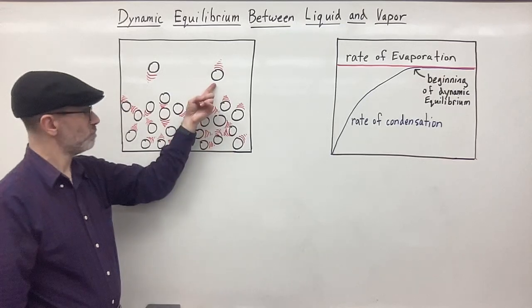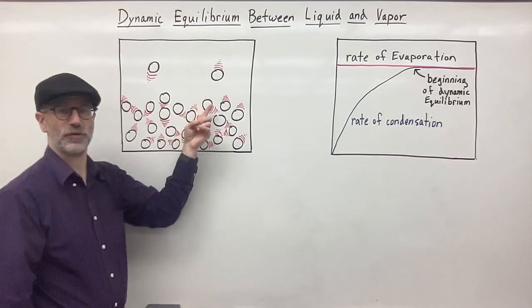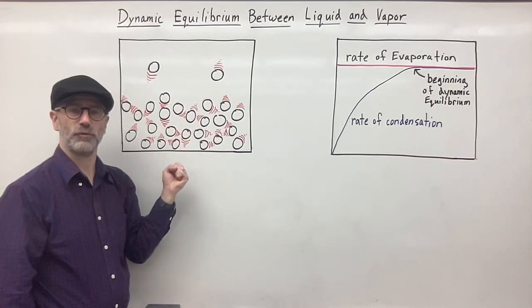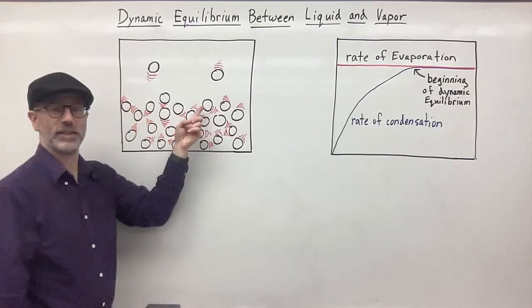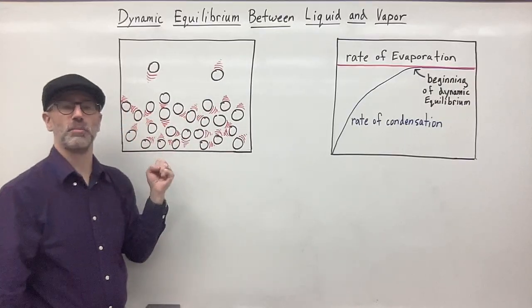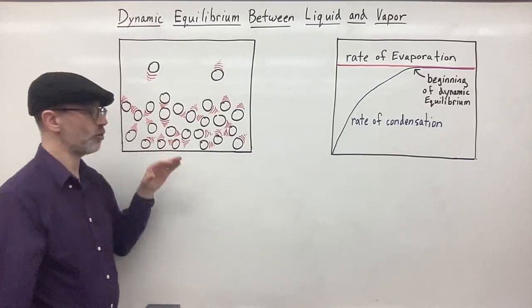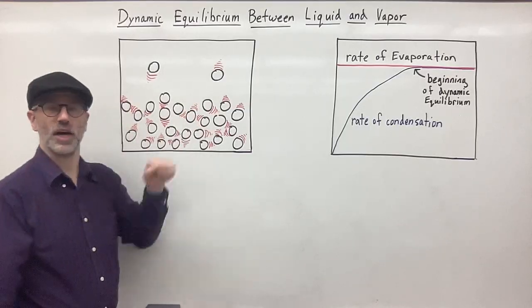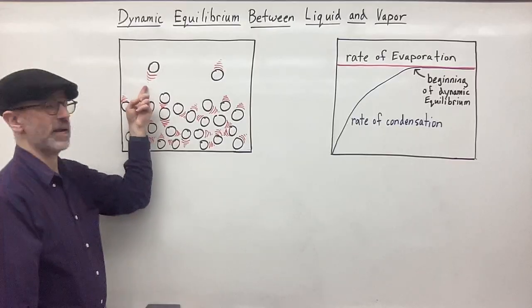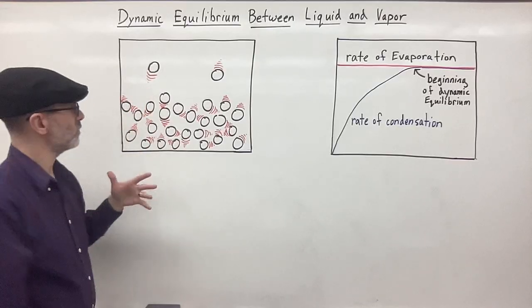So this particle, when it hits the surface, could be absorbed back into the liquid phase. Other particles at the surface, if they have enough energy, can be released and break free from the attractive forces at the surface of the liquid, just like that particle there.